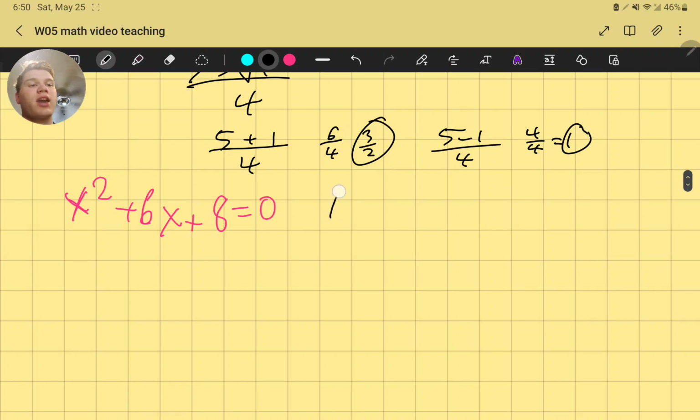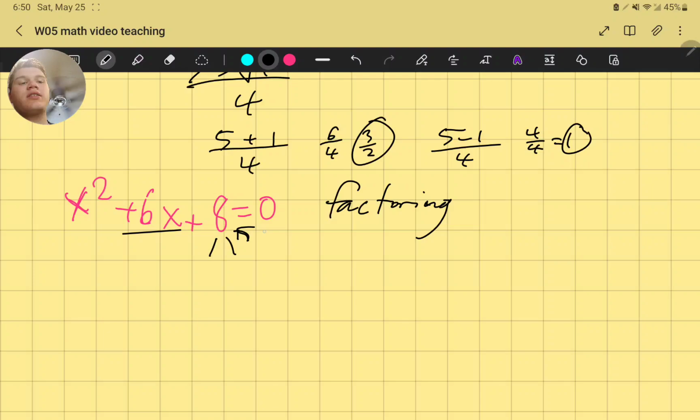Next, we're going to be doing factoring, which is another way to solve the quadratic equation. The best way to do this is to figure out the two values that add up to the value in the middle and multiply to the value on the right.